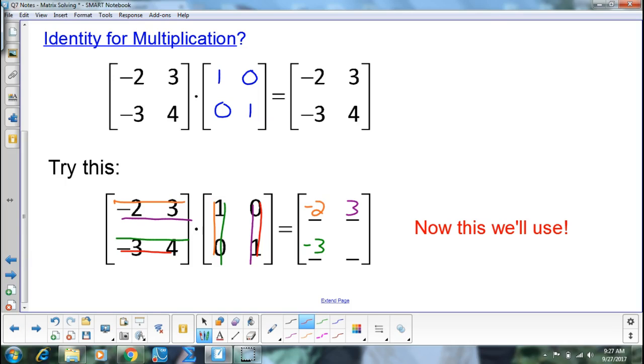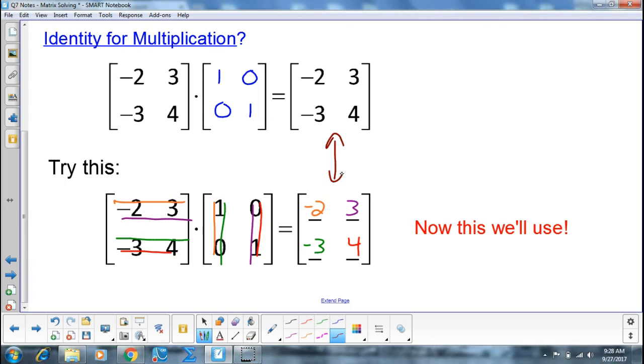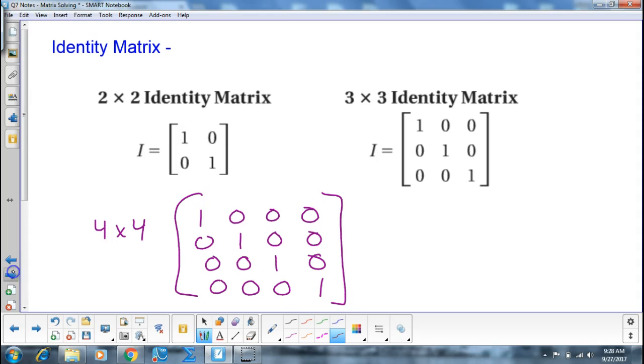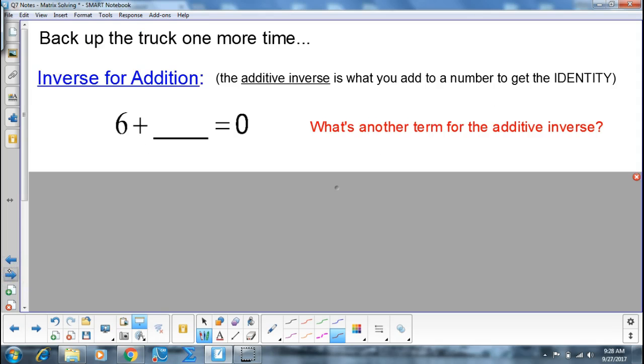Negative 3 times 0 is 0. 4 times 1 is 4. 0 plus 4 is 4. And these ended up being exactly the same. So it works out.